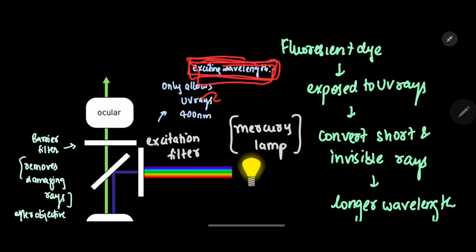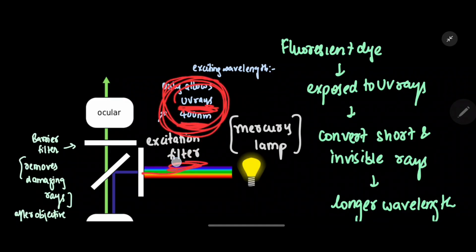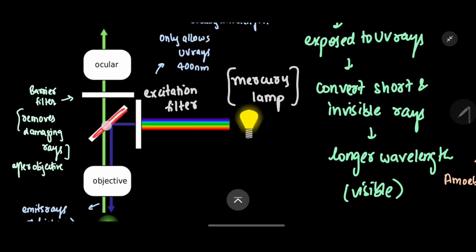What are exciting wavelengths? These are wavelengths around 400 nanometers, in the UV range. So it will only allow the UV rays around 400 nanometers to go through. It's acting like a filter. Your light source is going to emit this light, and the excitation filter is only going to allow the UV rays. Now we have this mirror sort of a thing.